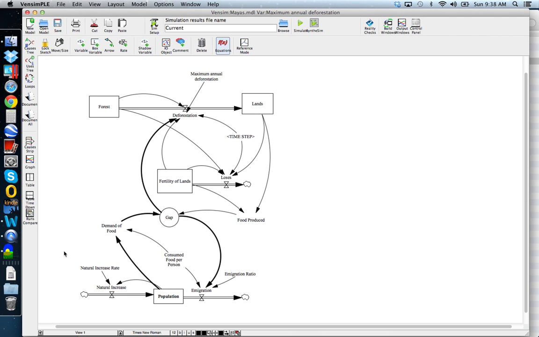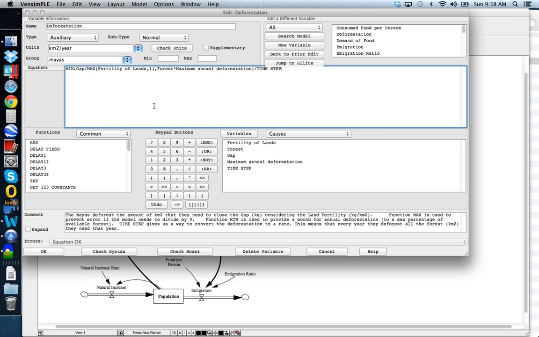If you go back to deforestation again, they chose the least of their gap and that maximum deforestation rate. If they needed more food than the 4% of available forest would provide, which is this product here, they would choose the 4%.